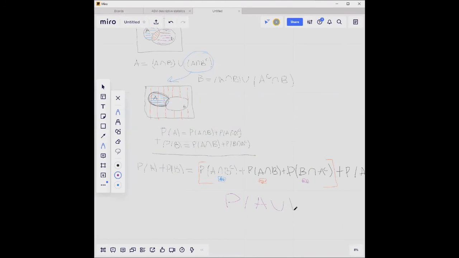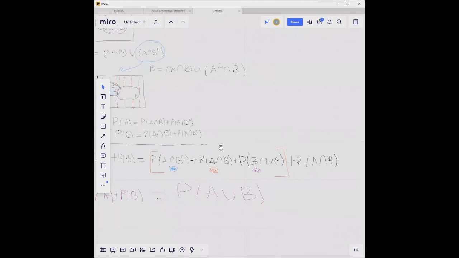So this can be defined as the probability of the union of A and B, which is equal to probability of A plus probability of B, and we have the probability of their intersection left outside of the brackets here.